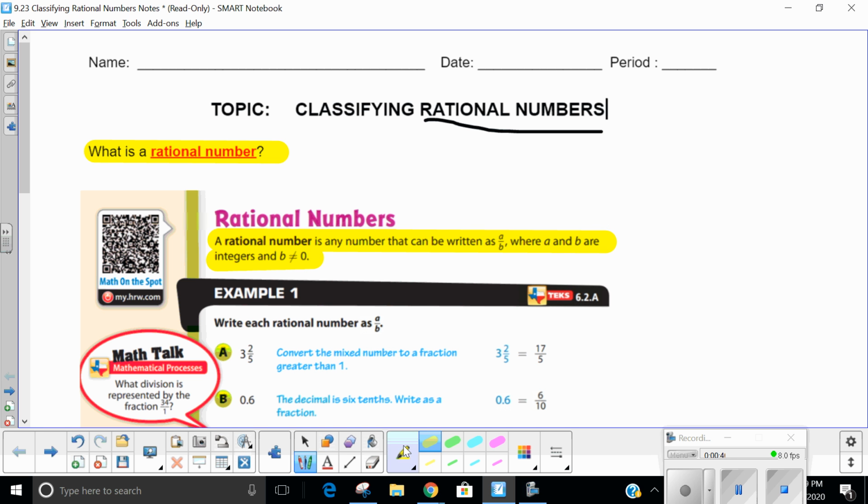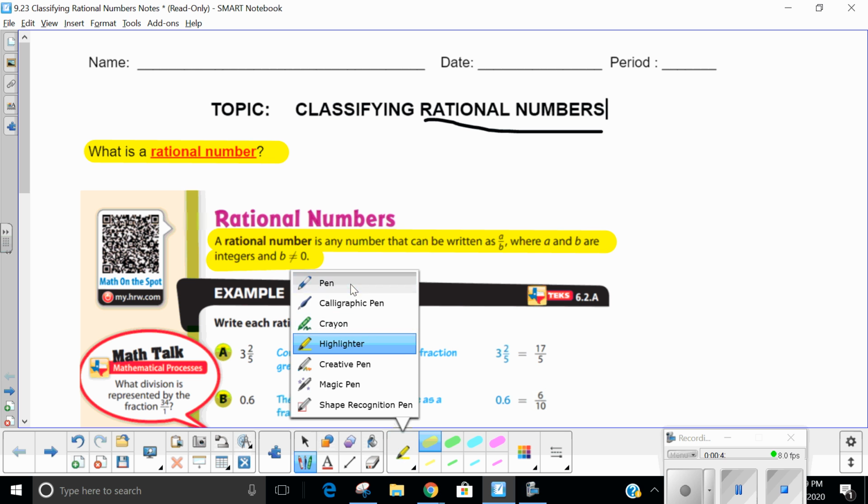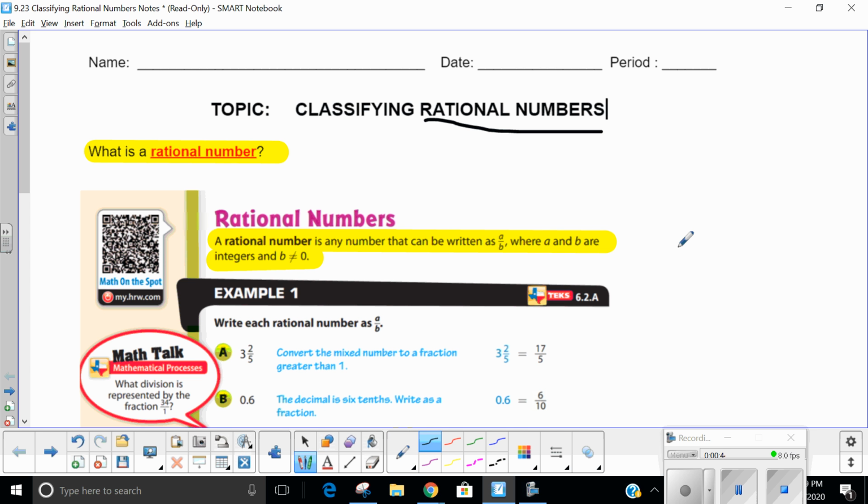So what this means is a rational number is any kind of number that we can convert into a fraction with A, the numerator, being one number, and B, the denominator, being the second number, and B can never equal 0. So you got to remember that.